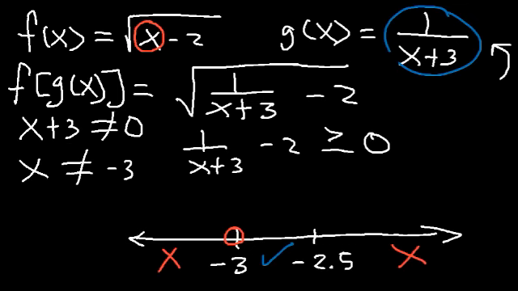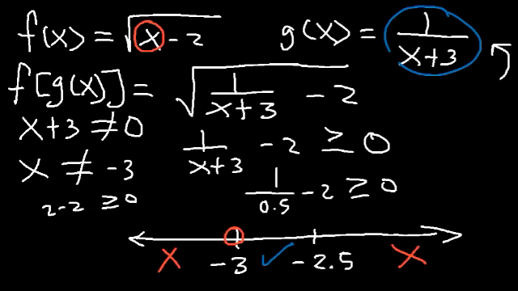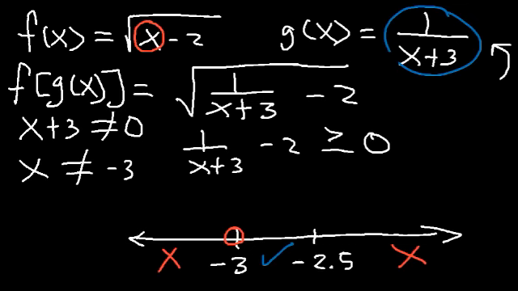If we plug in negative 2.5 into x, negative 2.5 plus 3, or 3 minus 2.5, is positive 0.5. 1 divided by 0.5 is 2. 2 minus 2 is 0. 0 equals 0, so negative 2.5 is included as a solution. So therefore, we have a closed circle at negative 2.5.